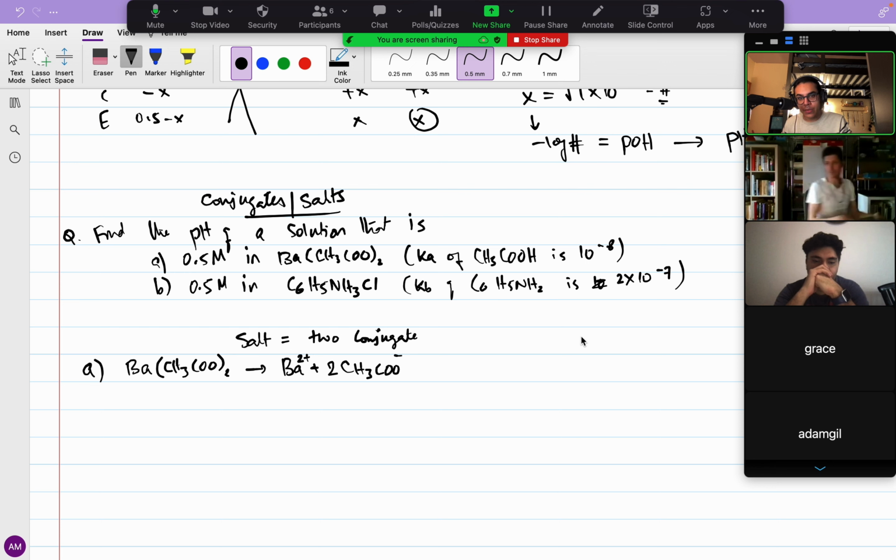The way to reconstruct the acid or base is to pair opposite charges. If you have a positively charged conjugate, pair it up with OH minus. If you have a negatively charged conjugate, pair it up with H plus. Opposite charges. So Ba2 plus, Jonathan, what would you pair it up with?